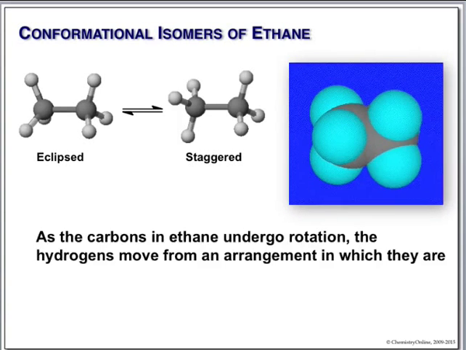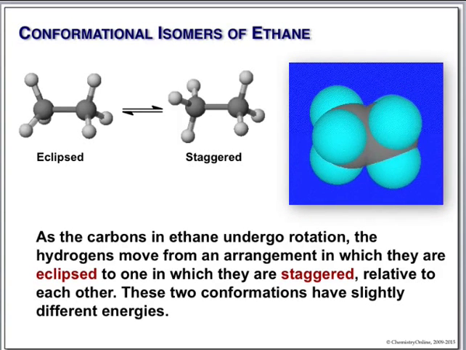This is ethane. And here's a little movie. And as we rotate around our single bond here, you can see these hydrogens get really close to each other, don't they? That's a higher energy state when they're up here in between. So like this one, called a staggered conformation, that's the lowest energy.